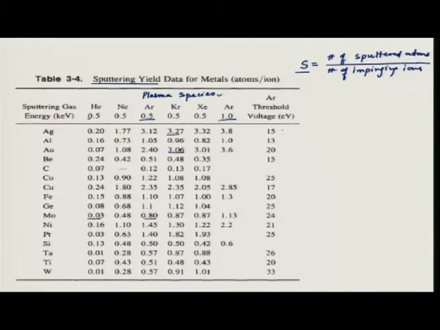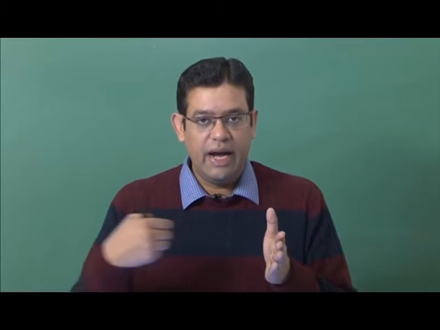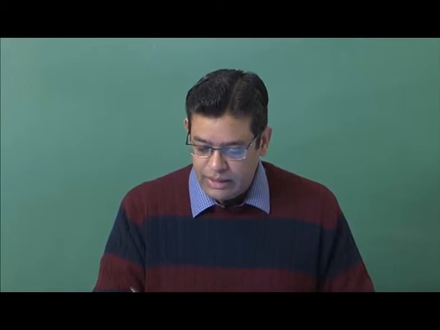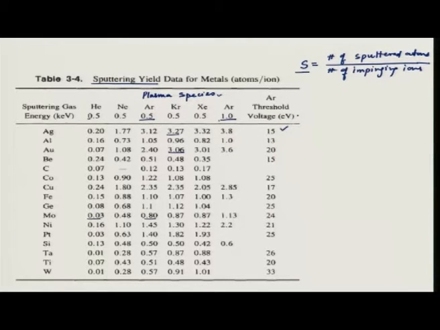And there is a threshold voltage for sputtering. How much energy the ion should have so that you can start sputtering, and this threshold voltage depends on how strongly the atoms of the target are bonded together. So, at what energy, if the ions are approaching, they will be able to sputter, is a quantity called threshold voltage.